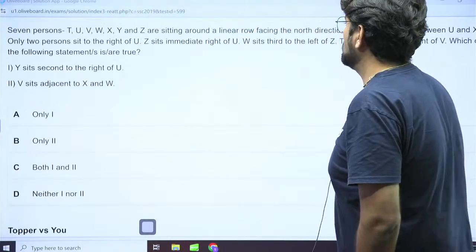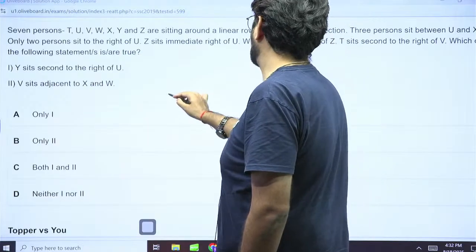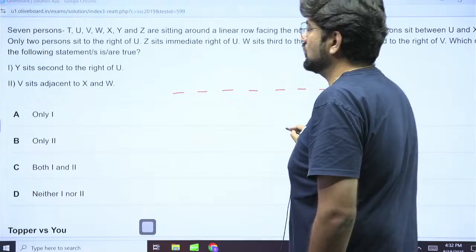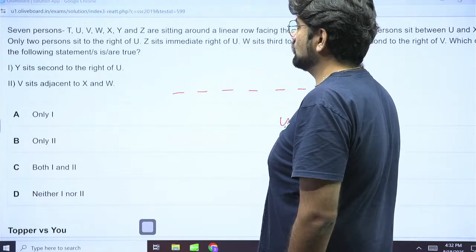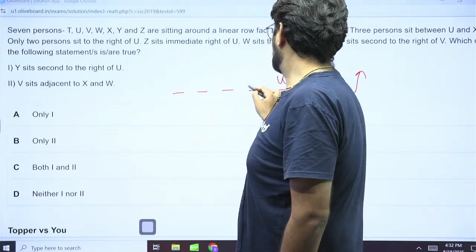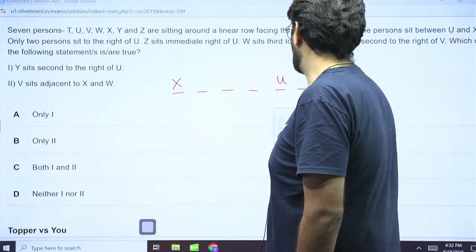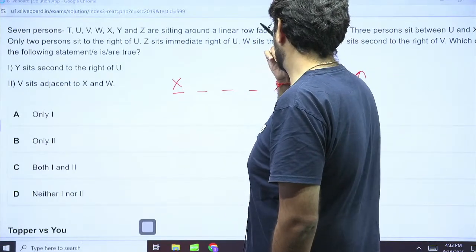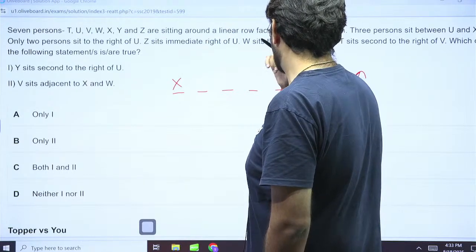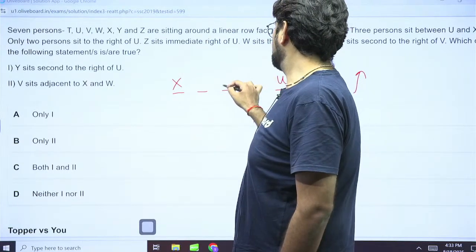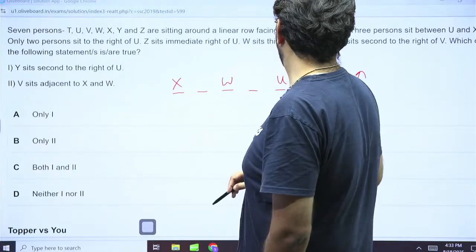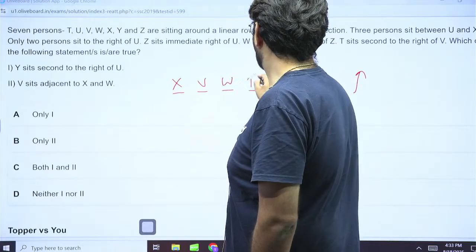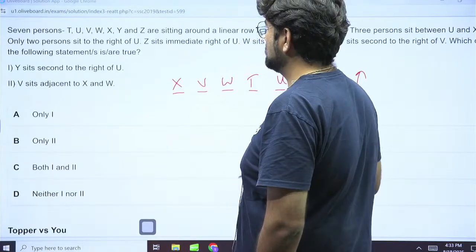Seven persons are sitting around a linear row facing the north. 3 sit between U and X. Okay. Only 2 sit to the right of U. So we got it already. Z sits immediately right of U. W sits third to the left of Z. T sits second to the right of V. That's it.